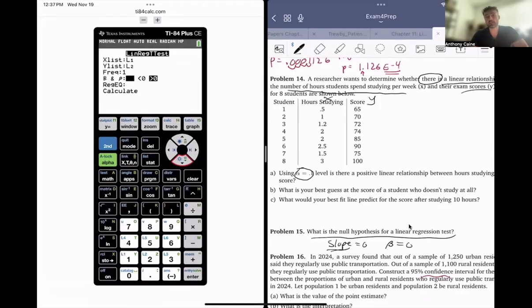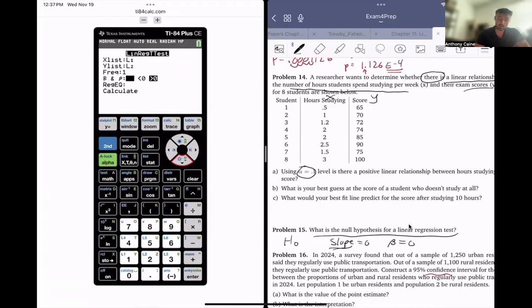The calculator will think of that as beta equals 0. That's the null hypothesis, which we don't need to teach the calculator because it's the same null hypothesis for every LinRegTTest, which is the name. If you look at the top of the calculator screen, it says LinRegTTest. This is what the calculator is going to assume behind the scenes as a null hypothesis.